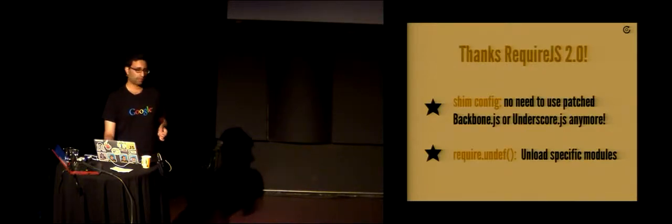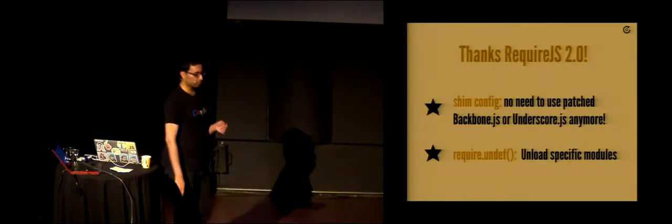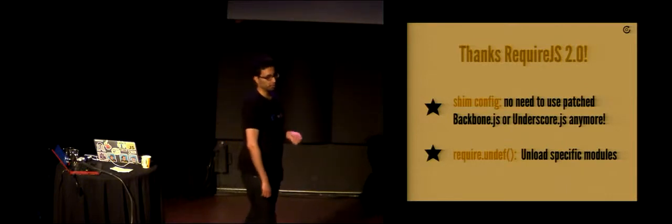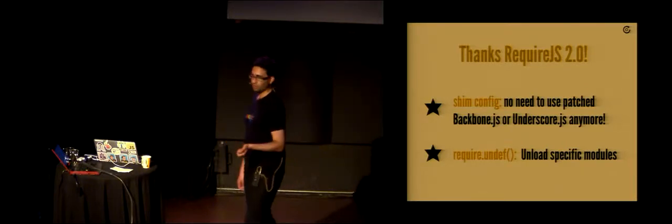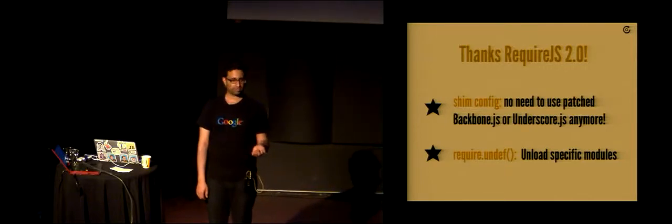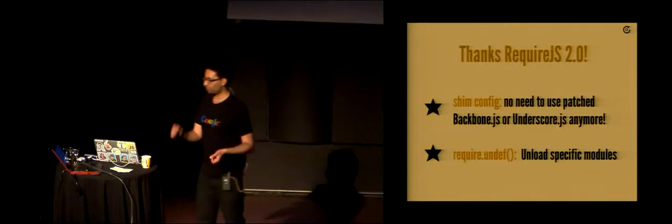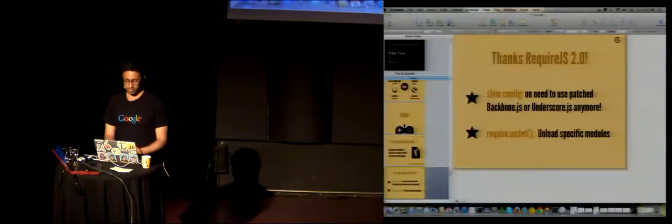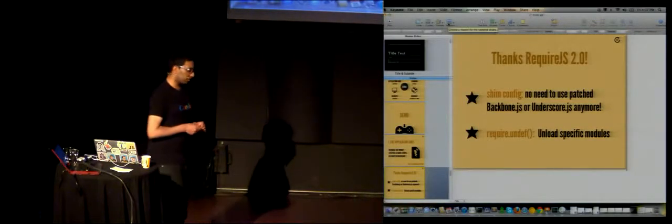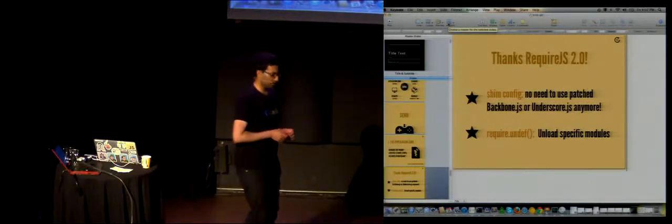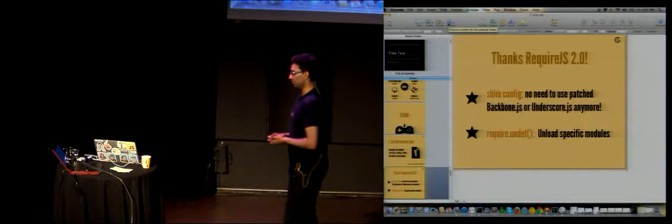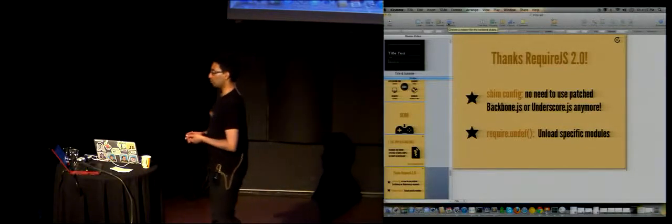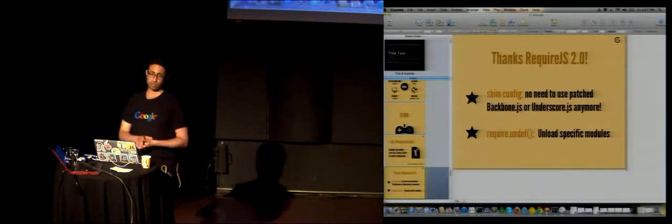Shim config. Required.js 2.0 also supports this idea of us no longer having to use patched versions of backbone.js and underscore.js. How many people here are still using those? The patched, AMD compatible versions? No? Okay, right. So basically, a while ago, the guy that created backbone.js and underscore.js decided that because it was interfering with some of the fixes he was trying to make, he would remove AMD compatibility from backbone and underscore.